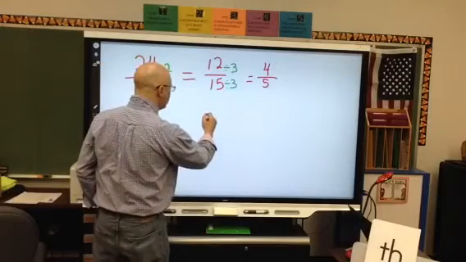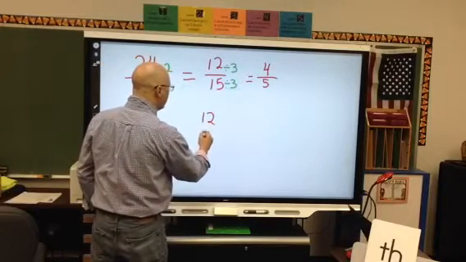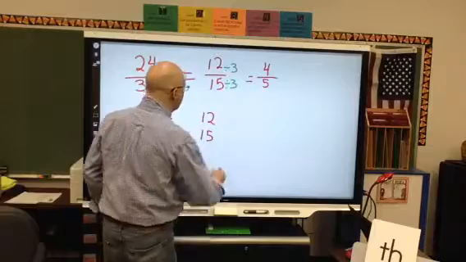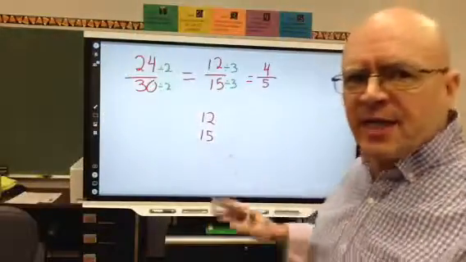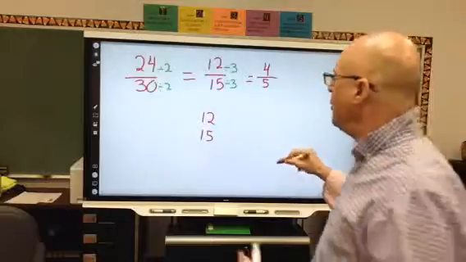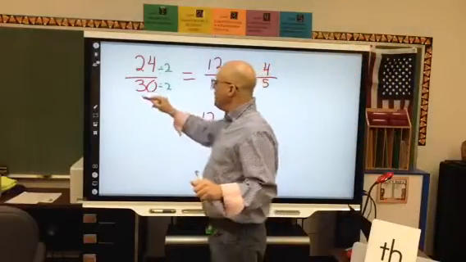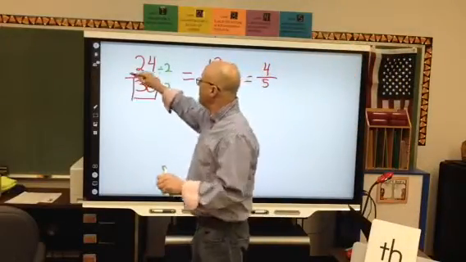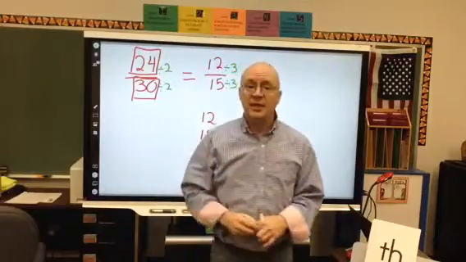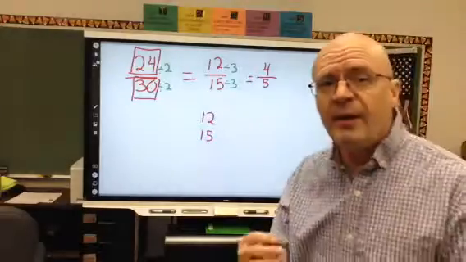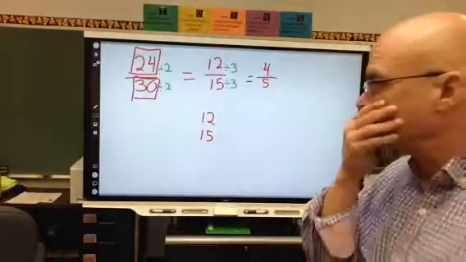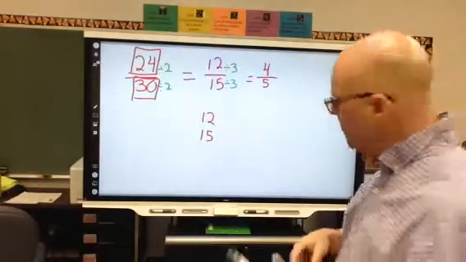I've got 12 and I've got 15. When I come to numbers, it's easy for me to tell if I can divide them by 2, right? Because they'll be even. 30 is an even number, and 24 is an even number. I know I can divide those by 2, right? But what about 3? 3 is a tricky one.